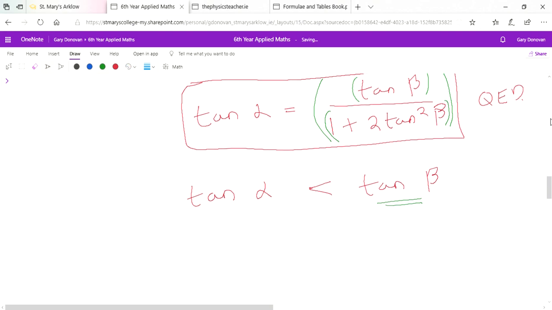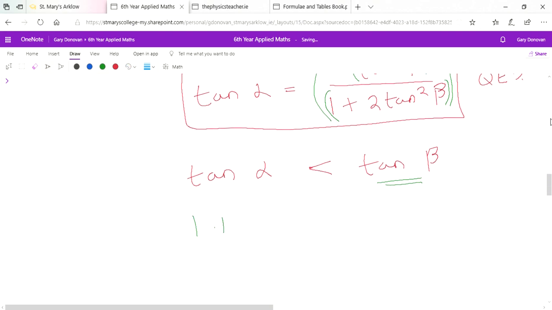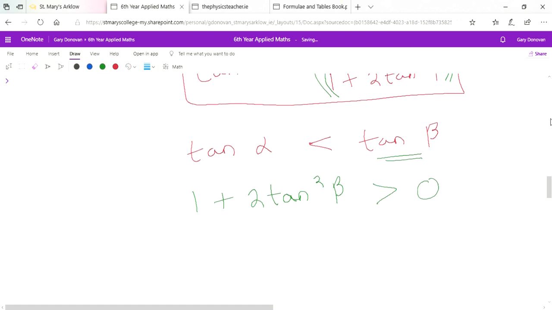So if you look at 1 plus 2 tan squared beta, it has to be greater than 1. It has to be greater than 1 because this is positive, and if that's positive and it's 1 plus this number, then this term has to be greater than 1. So just writing down that fact probably gets you 5 marks.